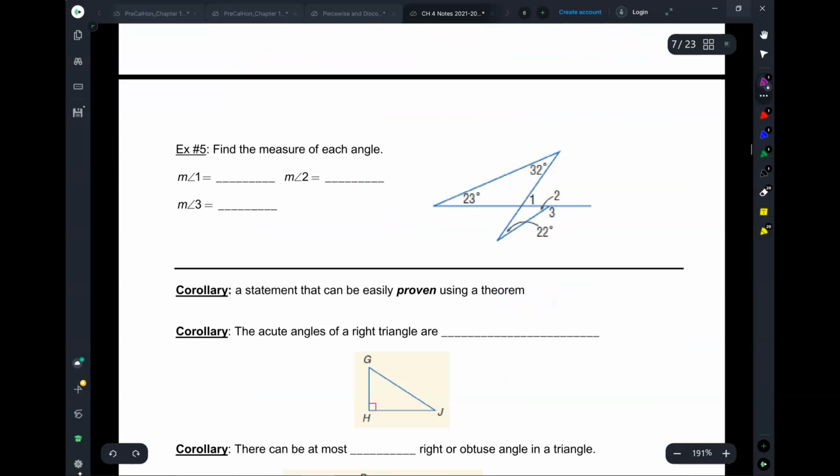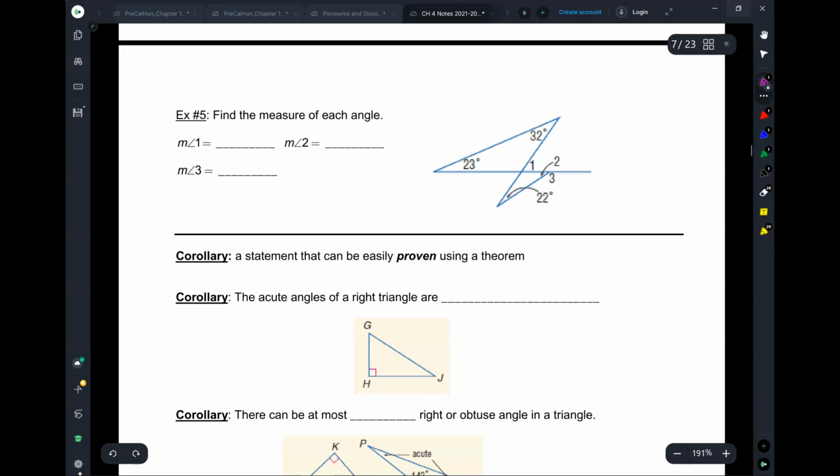Find the measure of each angle here. So measure of angle 1 is how much? 55. Why 55? Go ahead, Clara. Because you do 180 minus 23 plus 32, and you get 125, and 180 minus 125 is 55. Right, so that's the extended way.